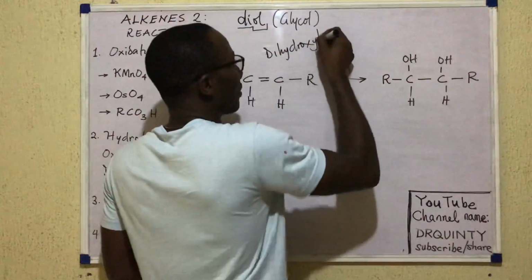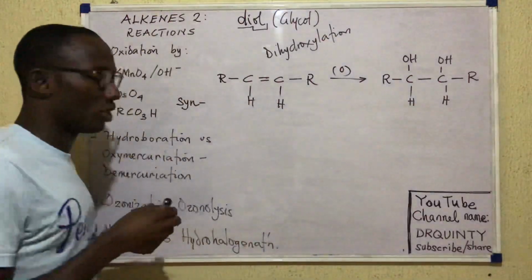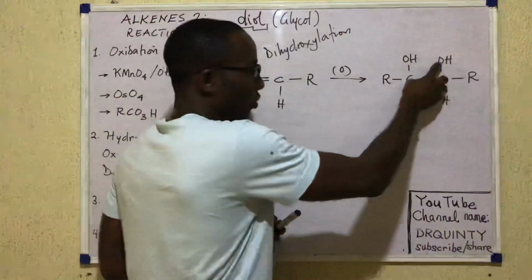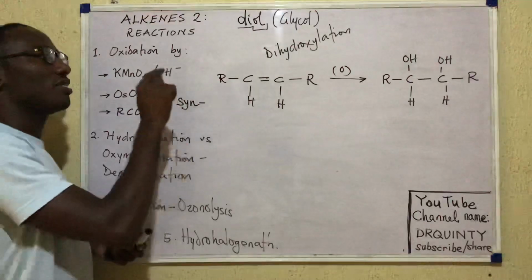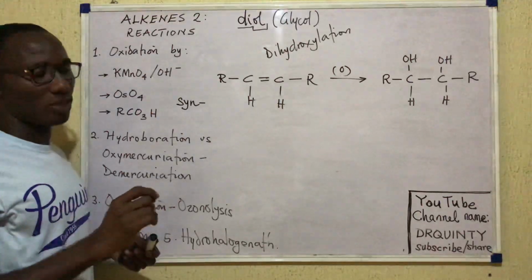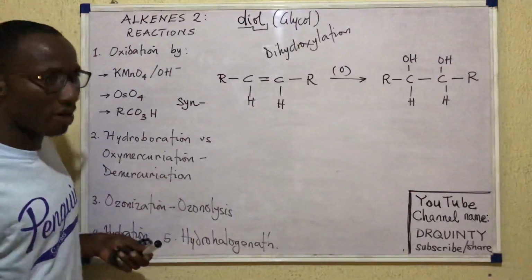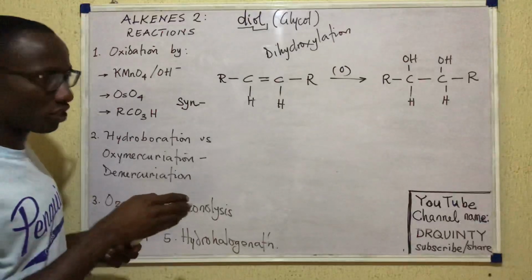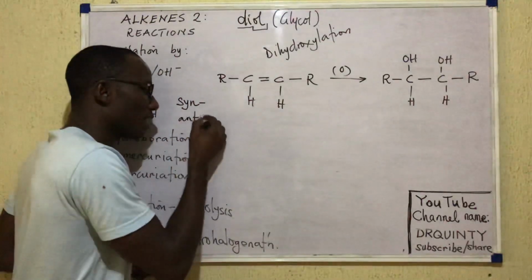We say that the alkene is undergoing dihydroxylation. Why do we call it dihydroxylation? Because two hydroxyl groups have been added to the alkene. But the dihydroxylation reaction, is it substitution or addition? It's an addition reaction. Now, having heard that dihydroxylation is an addition reaction, is it syn addition or anti-addition?